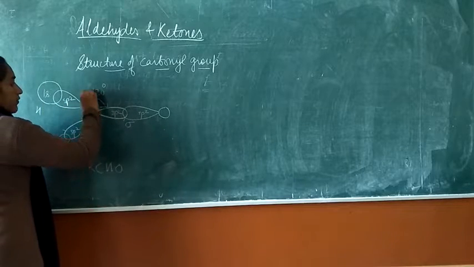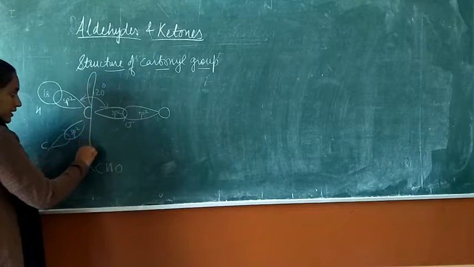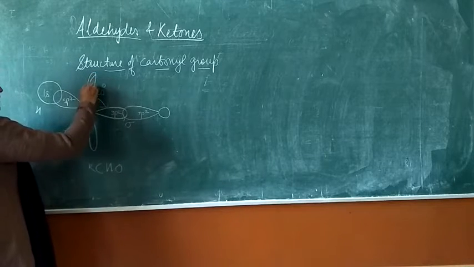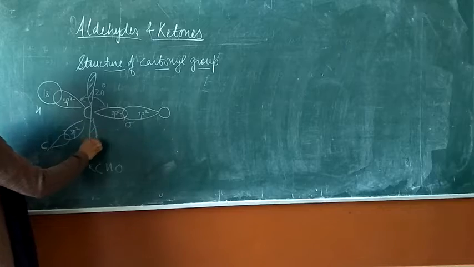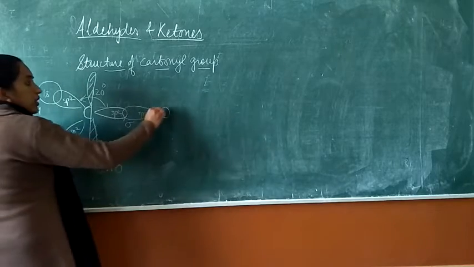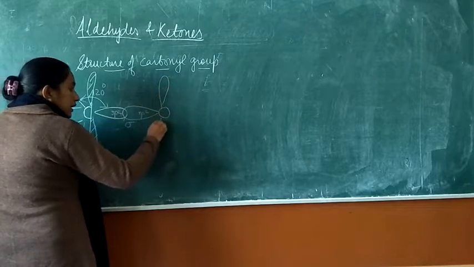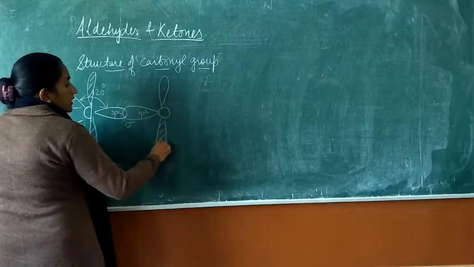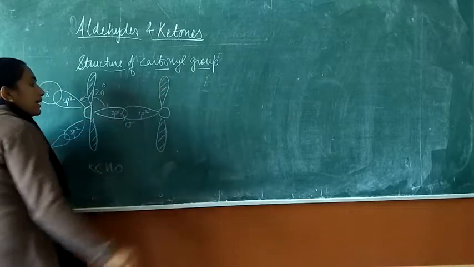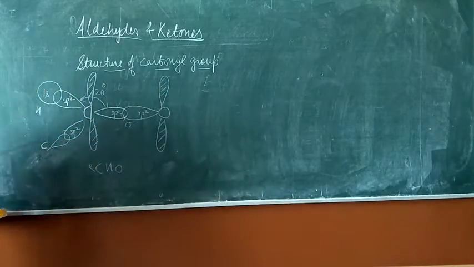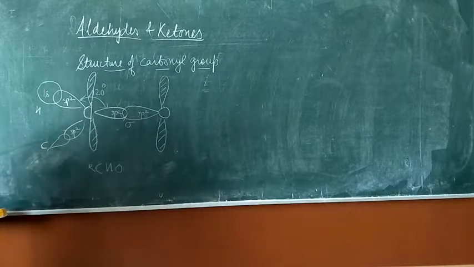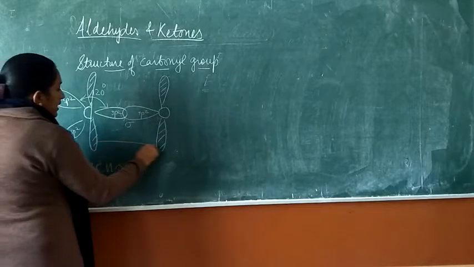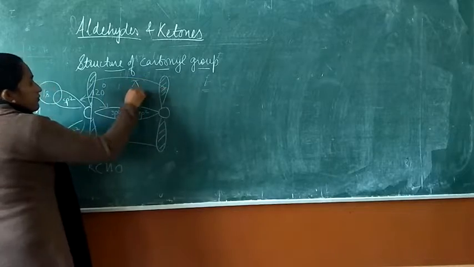Now students, one of the p orbitals of carbon remains unhybridized. It will undergo lateral overlapping with the unhybridized p orbital of the oxygen, and a pi bond will be formed.